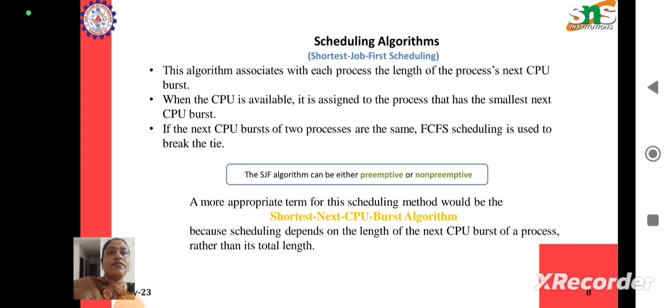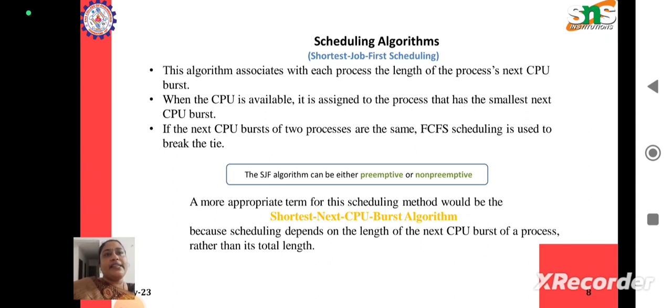But in the case of shortest job first scheduling, the algorithm can be either preemptive or non-preemptive. There may be cases where it has to be made preemptive, and cases where it has to be non-preemptive. In the preemptive case, if one process is using the CPU, another process can come and take the CPU away from it based on some conditions. We will see that when we take the example.